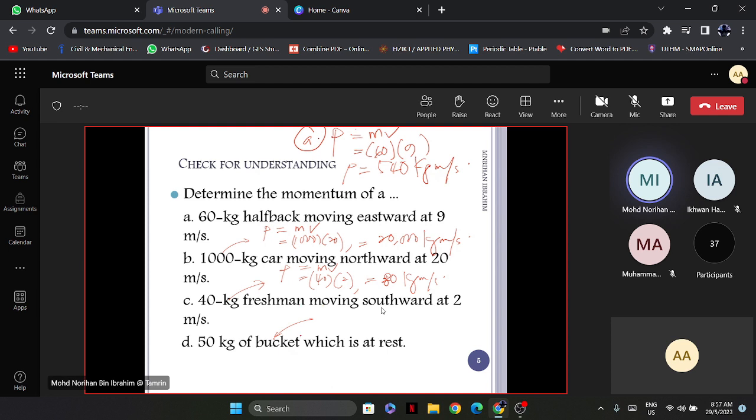Last one, the 50 kilogram bucket which is at rest. P is equal to mv, 50 times v, and at rest v is equal to 0 meters per second. So no momentum on this bucket.